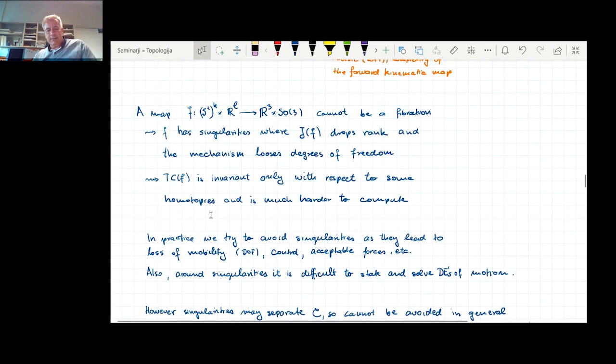Now, it turns out that you can move through singularities or you can try to avoid singularities. There are reasons to do that because singularities usually mean some unpleasant things in mechanics. It can mean loss of mobility, like here, or loss of control.